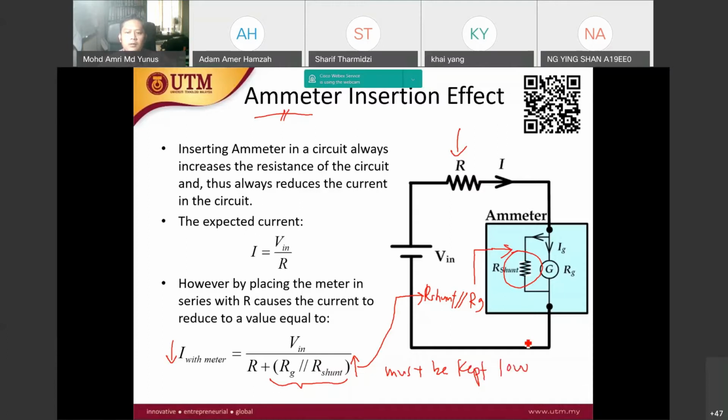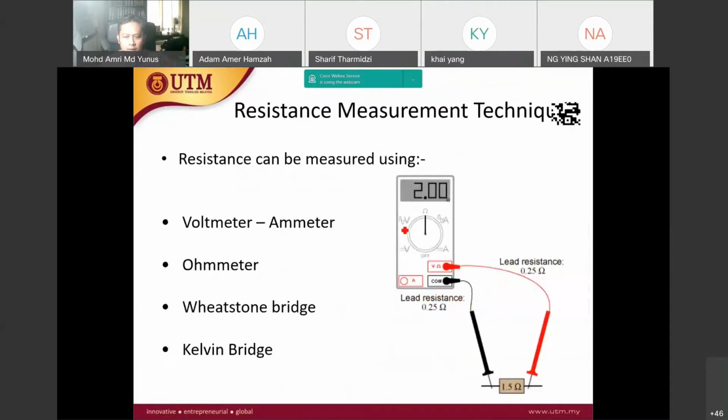Otherwise it will introduce a significant value to the total resistance of the circuit that you want to measure the current. So that's the case of an ammeter. I hope that is clear.